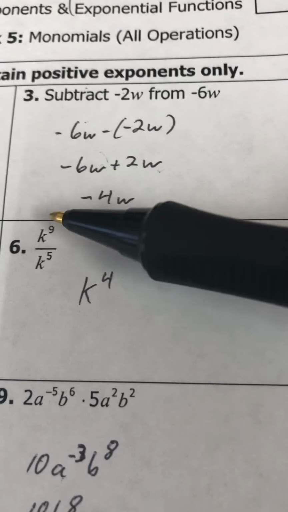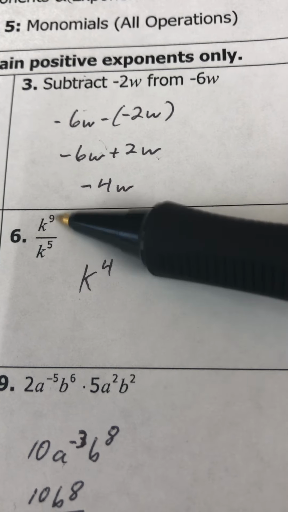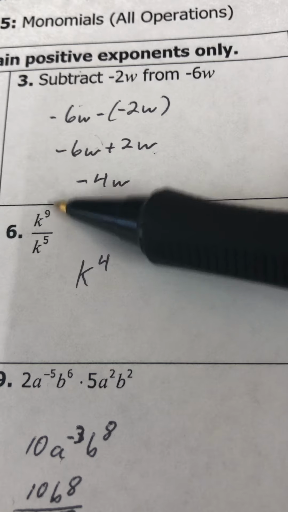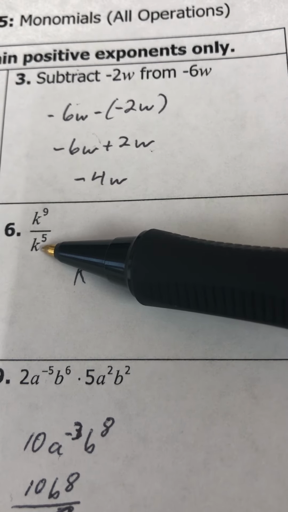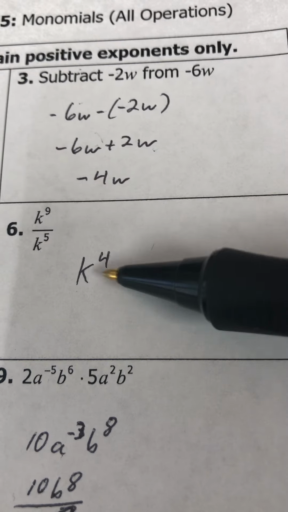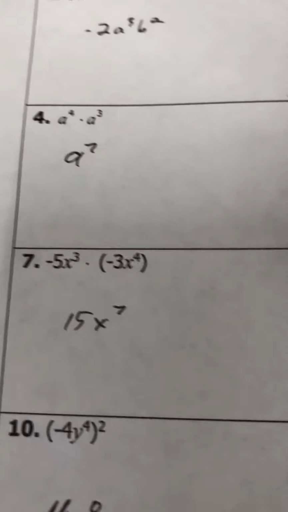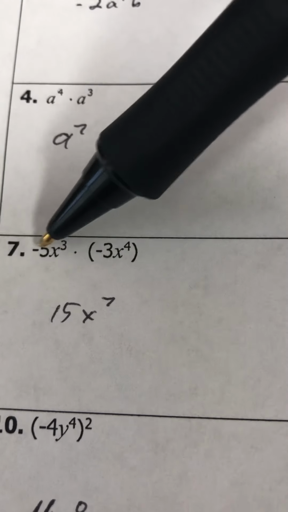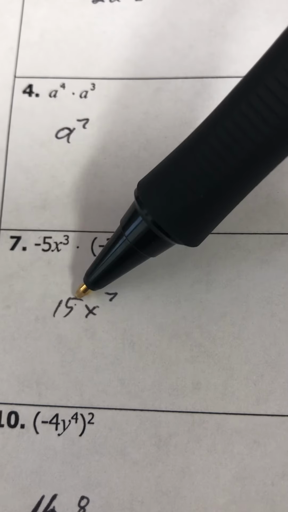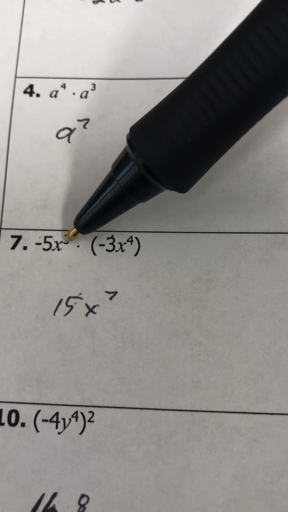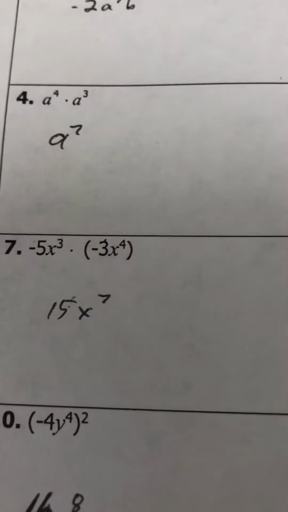Okay, when you have a division problem, a fraction like this, you take the 9 and you subtract the exponent. So 9 minus 5 is 4, so you have k to the 4th. Okay, 7, I'm taking negative 5 times a negative 3, and that becomes 15. And then I can just add my exponents, so I have x to the 7th.